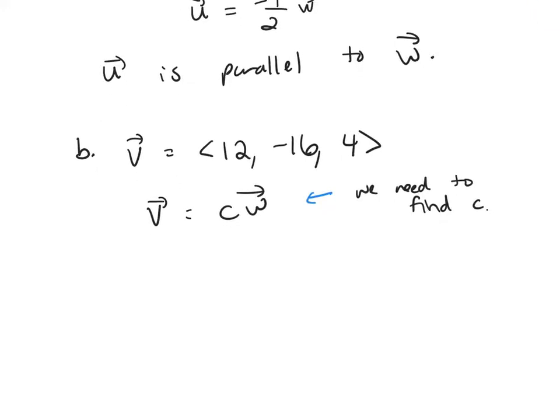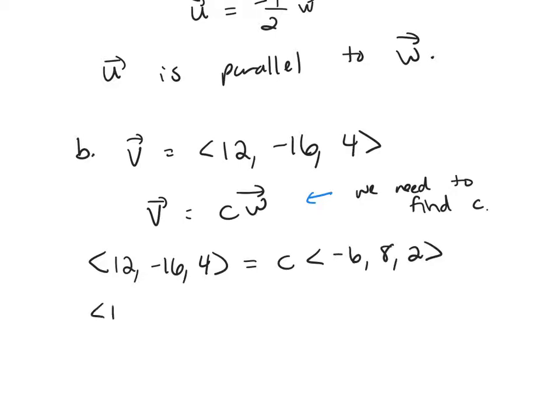Well, let's look here. Let's plug in v, 12, negative 16, and 4. C times w, which is negative 6, 8, and 2. And let's go ahead and do the scalar multiplication on the right. Negative 6c, 8c, and 2c.